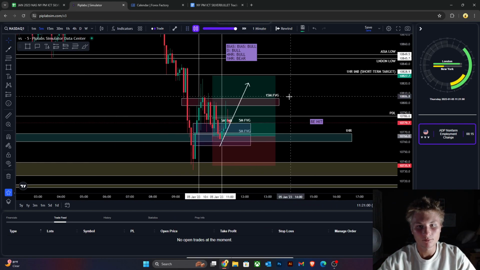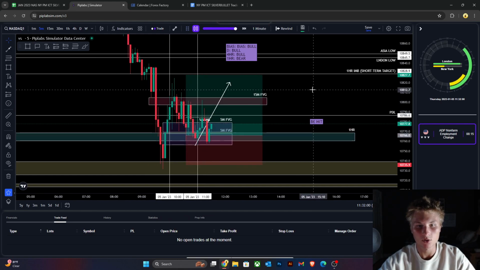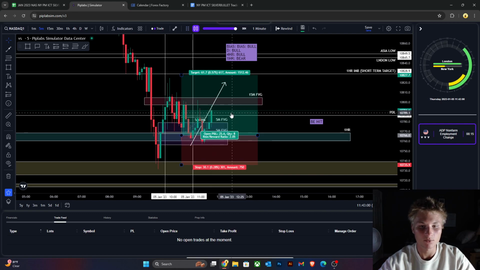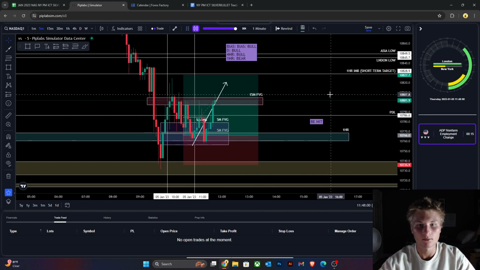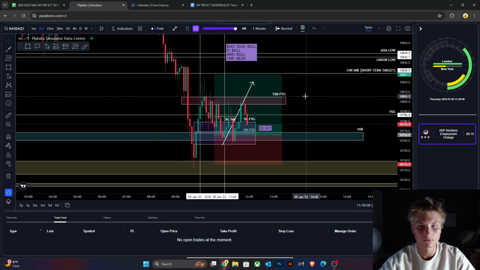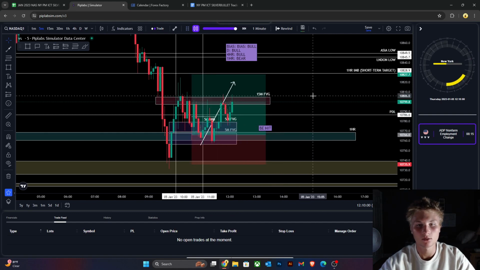We'll speed this up. Right now it's almost lunch hour. Actually, not yet. Still got some time. 12 is lunch hour. But yeah, let's see if our bias plays out here. Pretty choppy price action, honestly, right now.